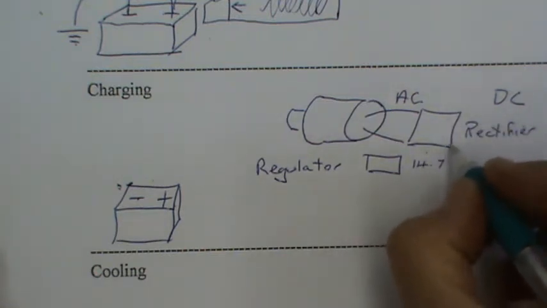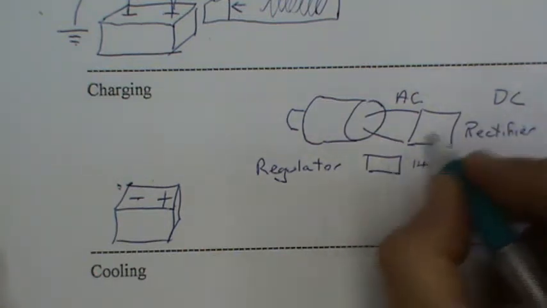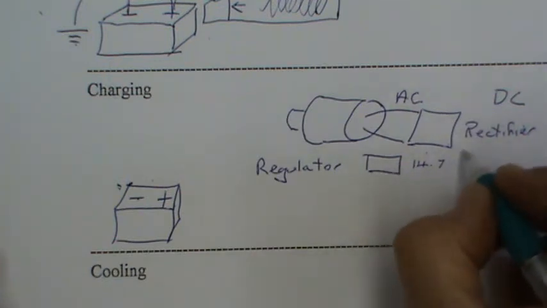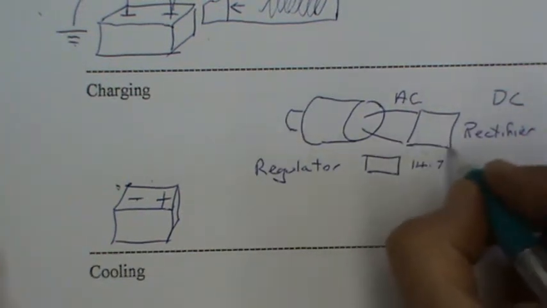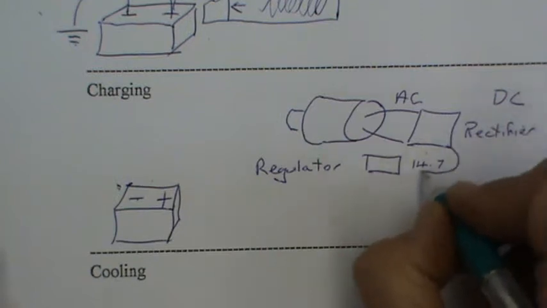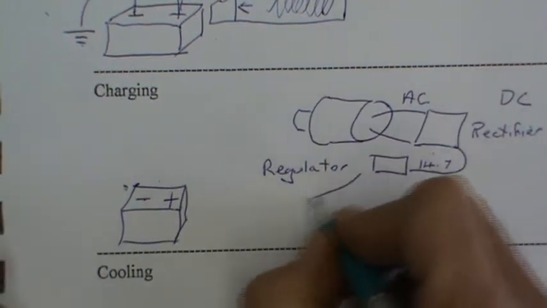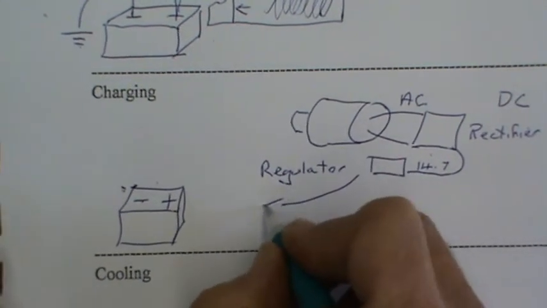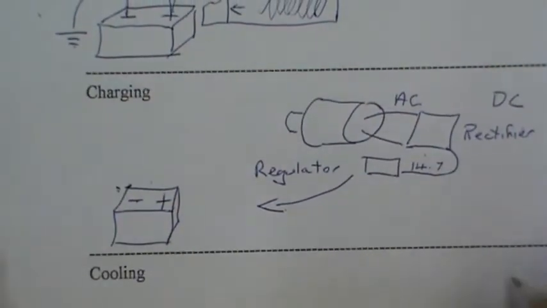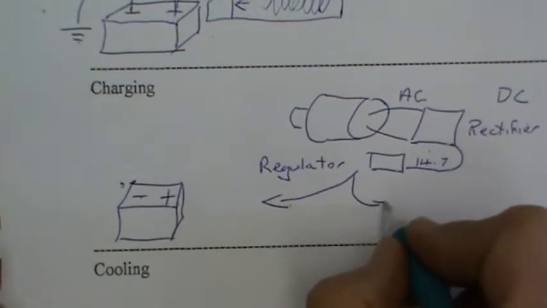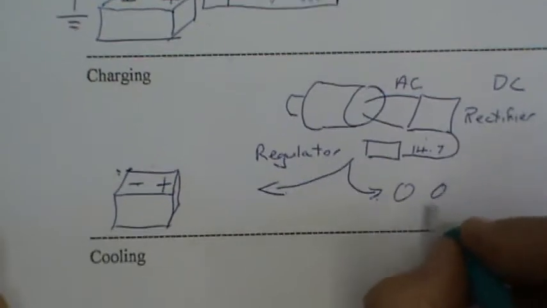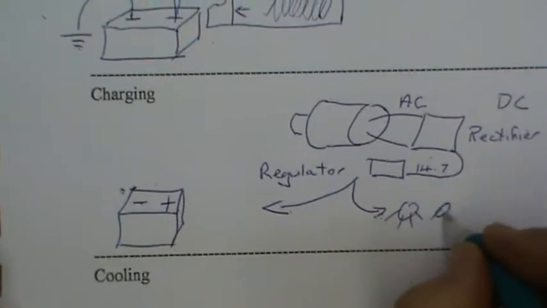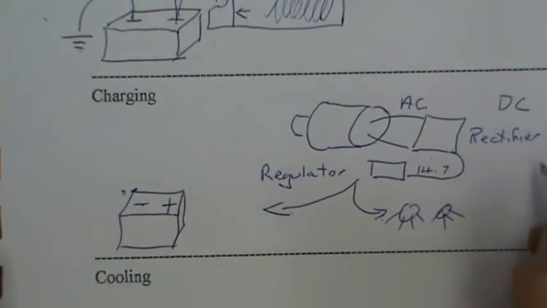With our DC volts, I'm not sure which one we do first, regulator or rectify it, but we rectify it, regulate it, and then we have the power go back to charge the battery, and obviously to go off to all our lights and accessories, radios and things like that.